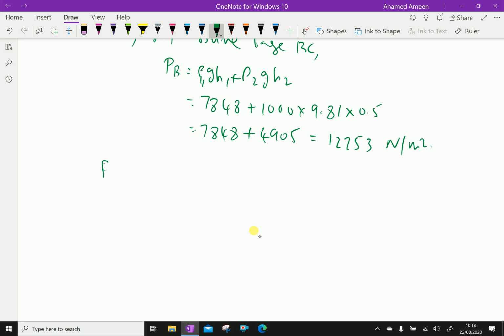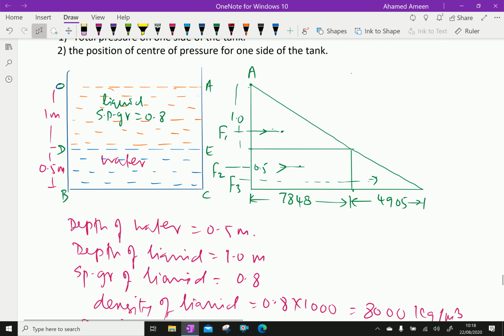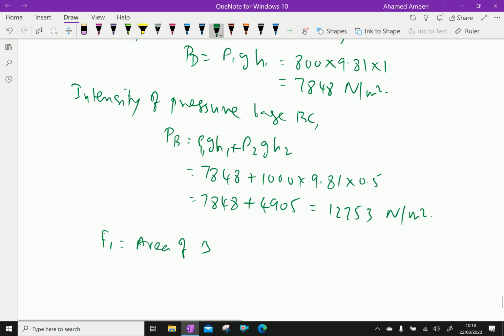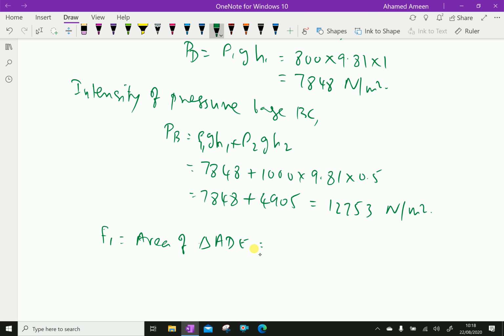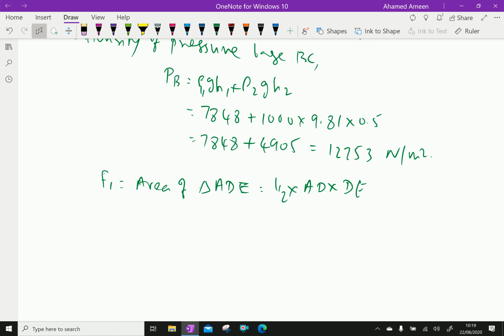F1 equals the area of triangle ADE. Area of triangle ADE equals half into AD into DE into the width of the tank.